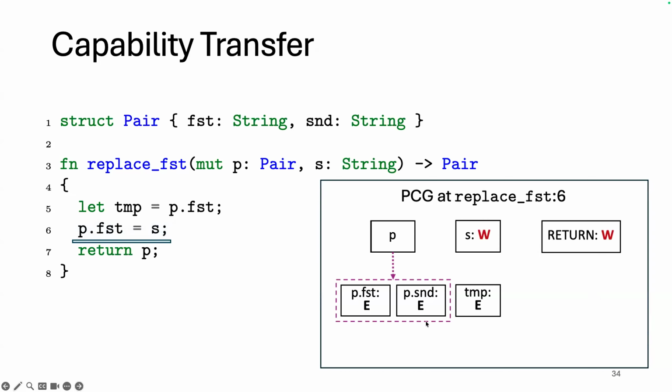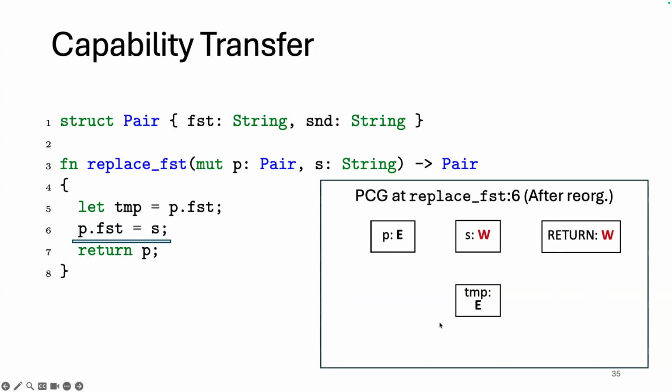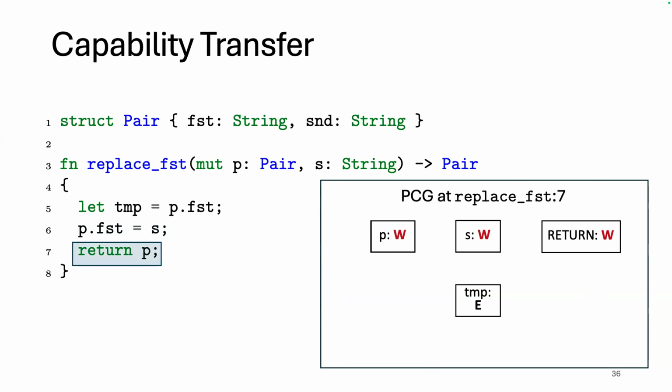And now at this point, the reorganization between statements actually has an effect because both P dot first and P dot second have exclusive capability. That just gets undone and P goes back to its original state. And then finally, there's the return statement, and this is just an assignment. So capability goes out of P and into the return place. So that concludes this example.